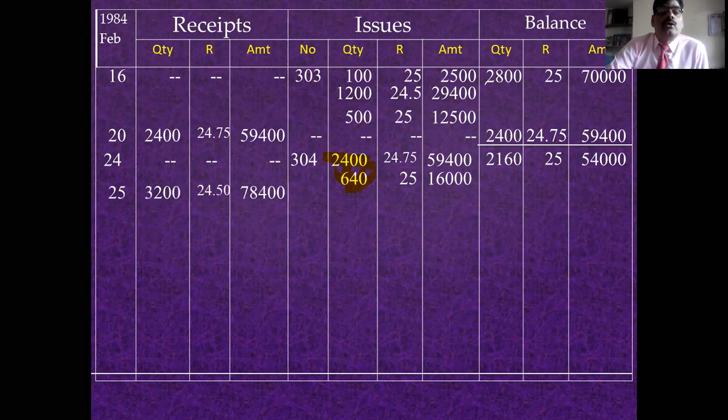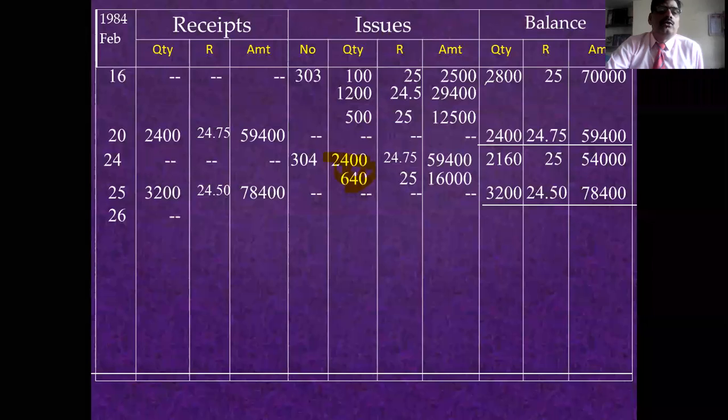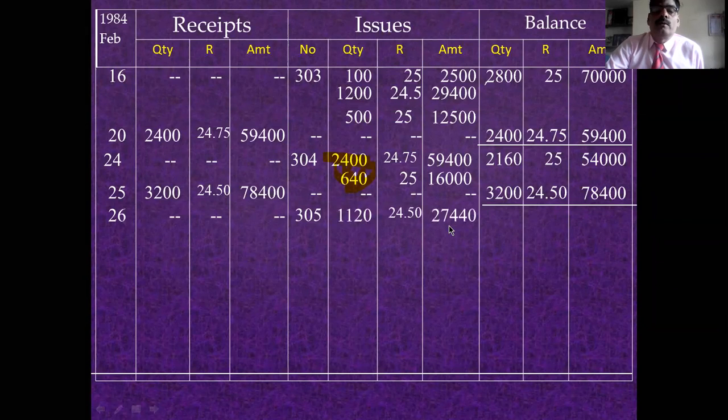Then in the receipt column you enter 3,200, rate 24.50, take to the balance column. 25 is completed, 26 there is an issue, you put underline and issue. 305 is the number, 1,120 is the issue. 1,120 you issue from the last lot, at the rate of 24.5, 27,440.